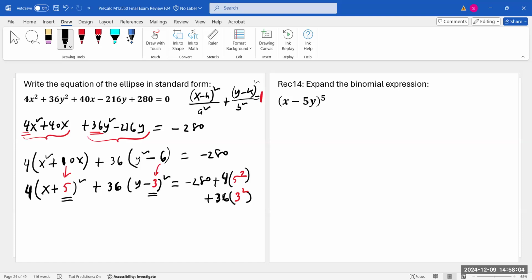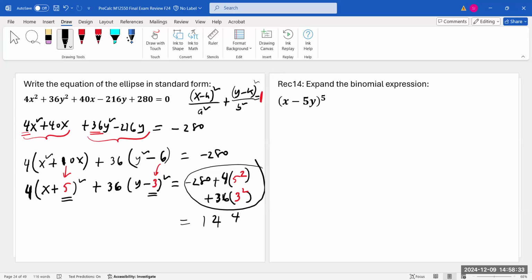So if you combine all of these, I believe it will be 4 times 36, which is 144. You can check.